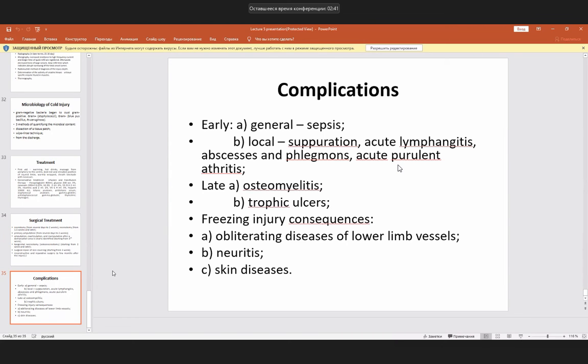Late: osteomyelitis and trophic ulcers, and consequences of injury: obliterating disease of lower limb vessels, neuritis, and skin disease.